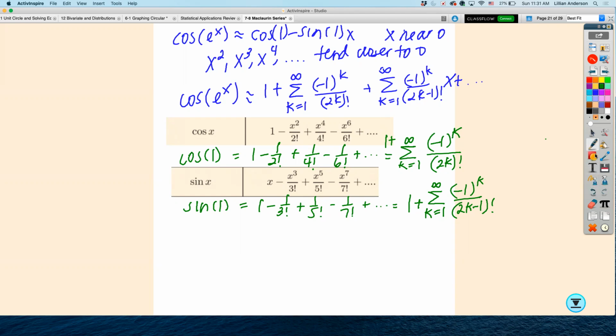So how do we take that into effect? Well, if we don't include the 1, and we actually start off with a negative sigma instead of a positive, when we plug in 1 for k, that's going to give us negative 1 over 1.